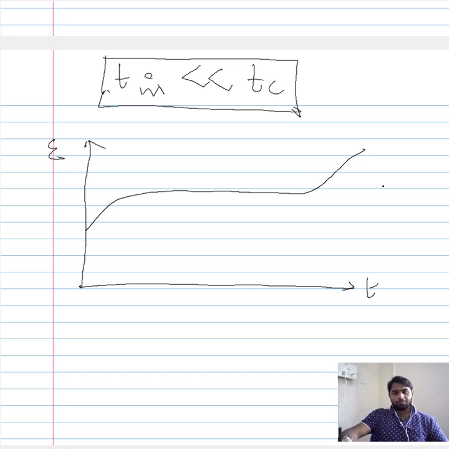Now, in the material that you are testing, if the time taken for the instantaneous creep is completely negligible, or is of the order of several times less than the time taken for the overall creep, then you cannot include the instantaneous creep region in this plot.